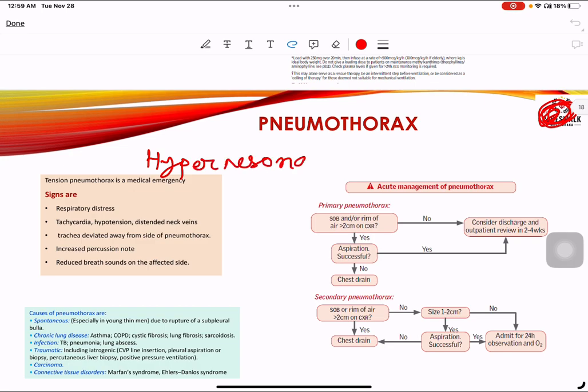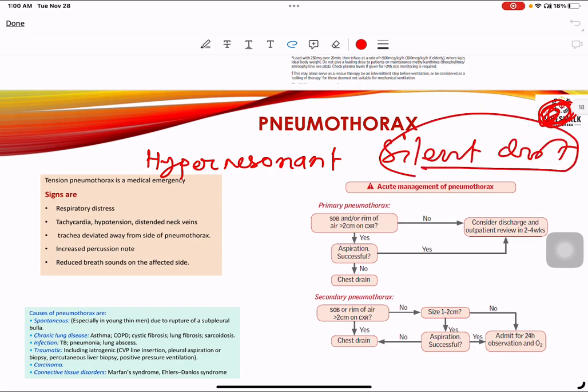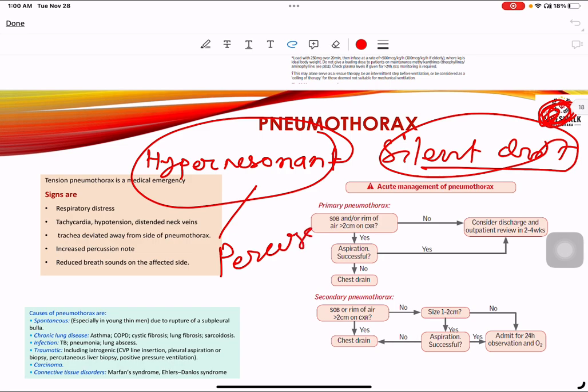On auscultation the chest will be silent, but on percussion it will be hyperresonant. So hyperresonant silent chest is a bedside clinical finding in a patient of pneumothorax.